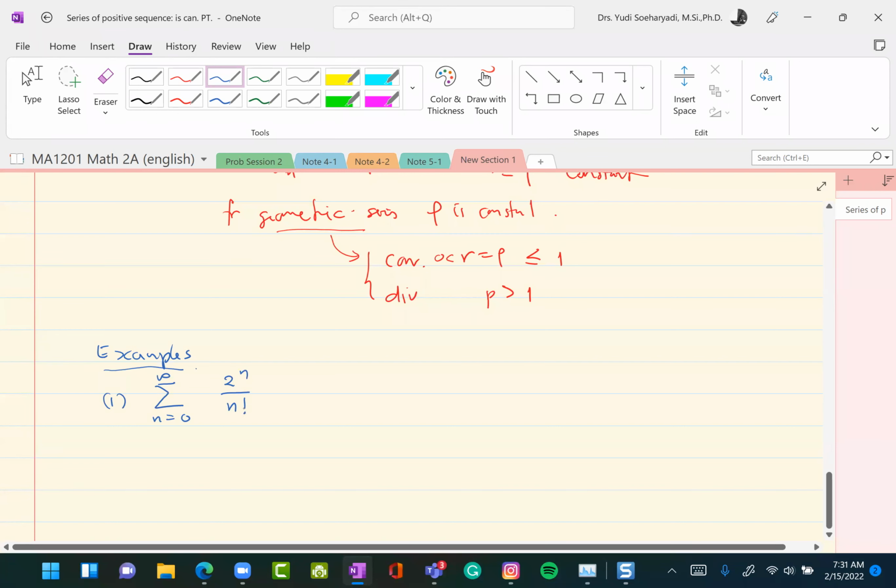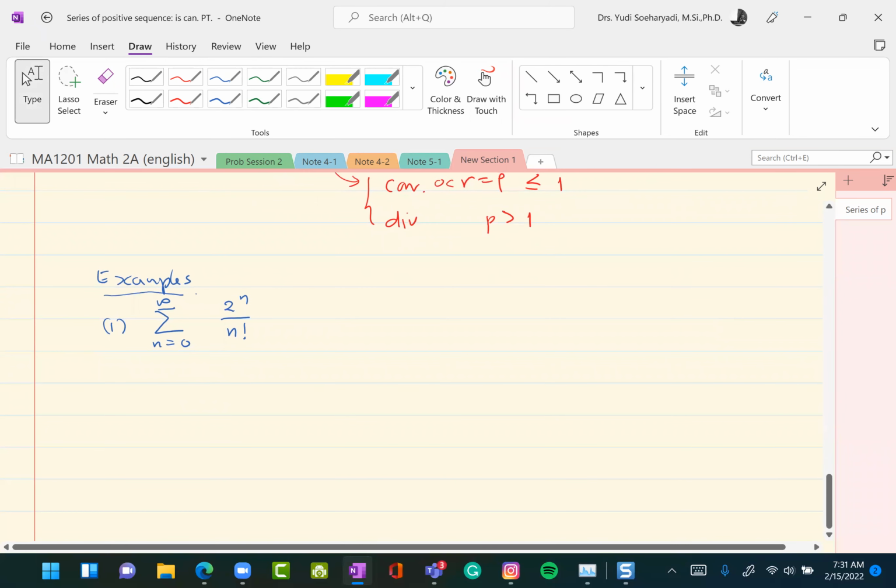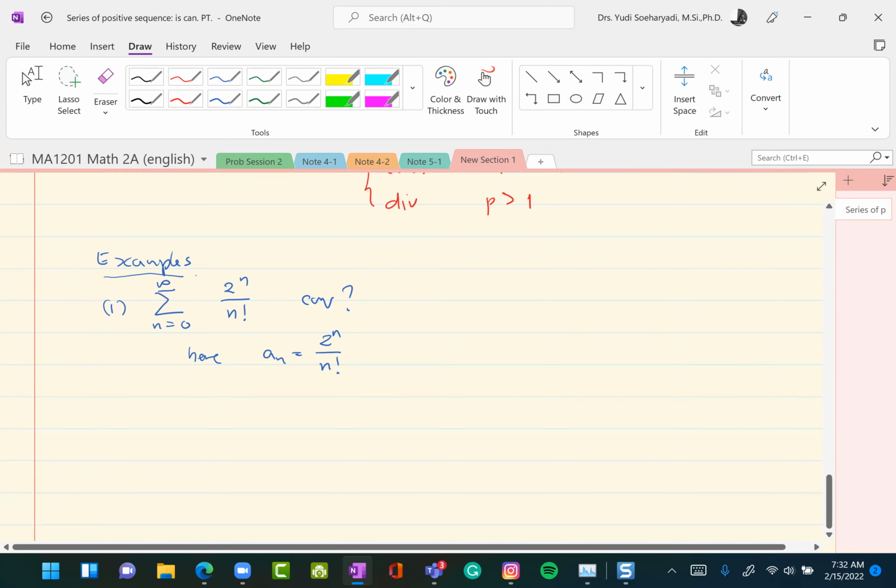So if you deal with this kind of term, exponential or factorial, then it is an indication that you should use the ratio test. Here the question is about convergence. Here a_n is 2 to the n over n factorial.